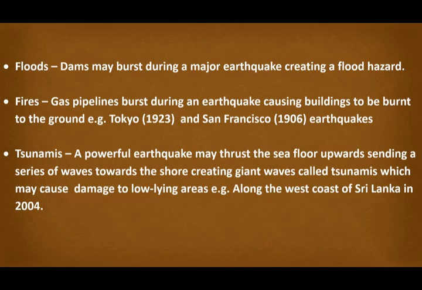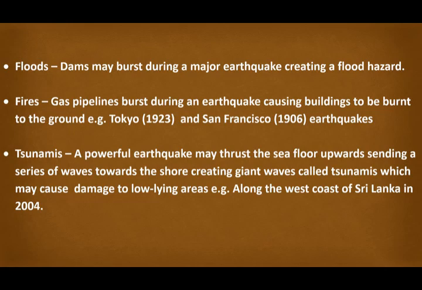Gas pipelines may also burst, causing fires to occur. And this happened in 1906 in San Francisco and also in 1923 in Tokyo, and even in the early 2000s in Tokyo as well.